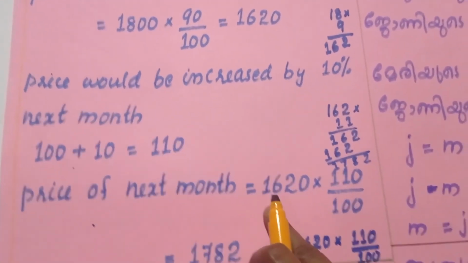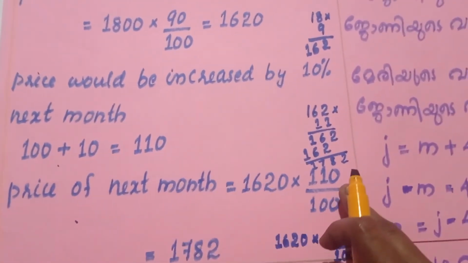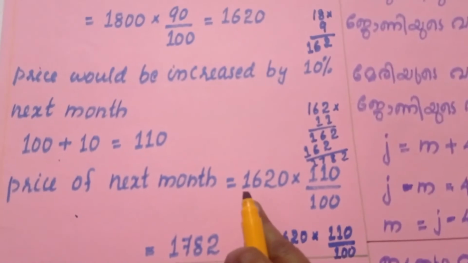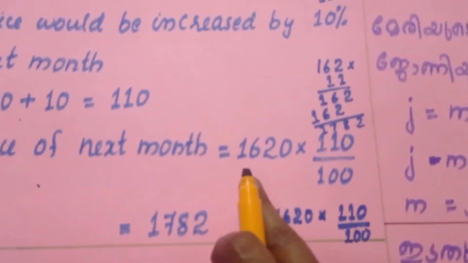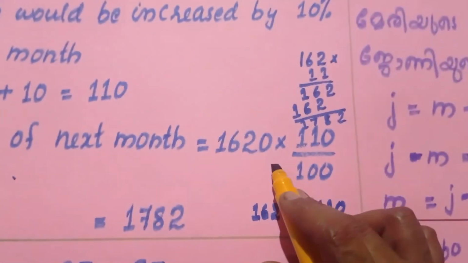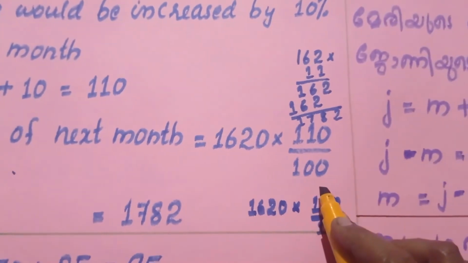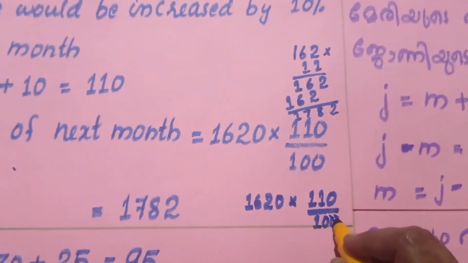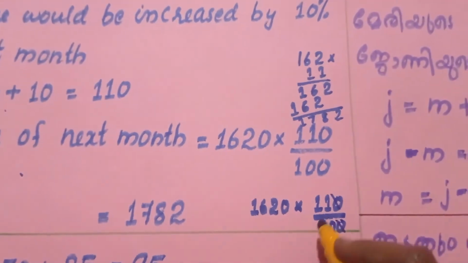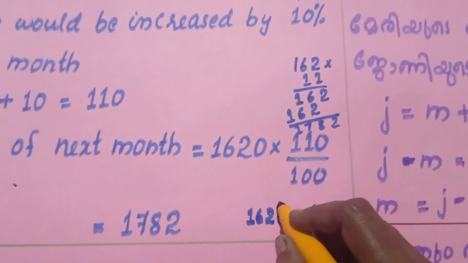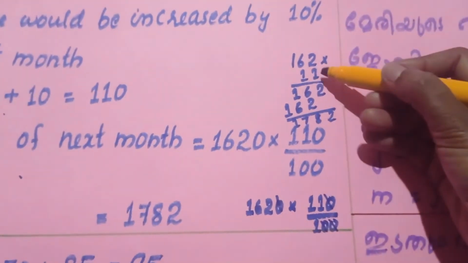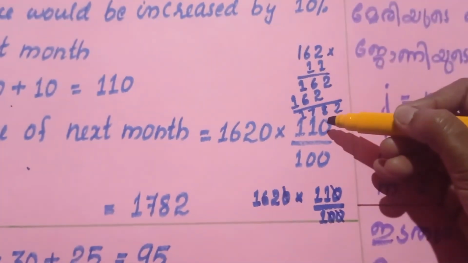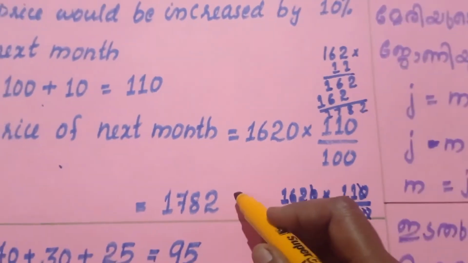Then the price of the next month is 110% of 1620. 1620 into 110 by 100. Then cut 10 and 10. Here also 10 and 10. 162 into 11. We get 1782.